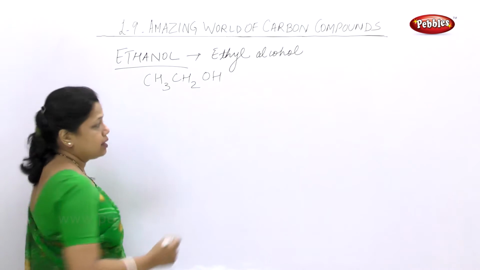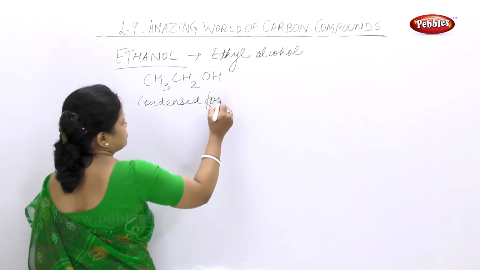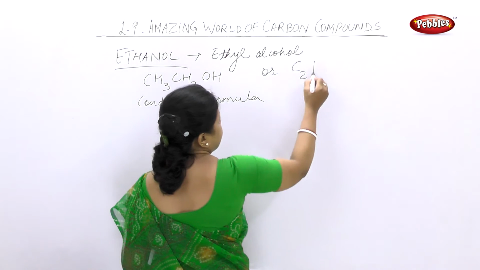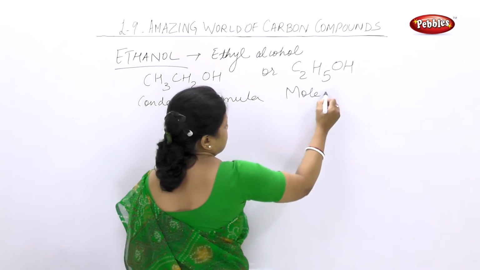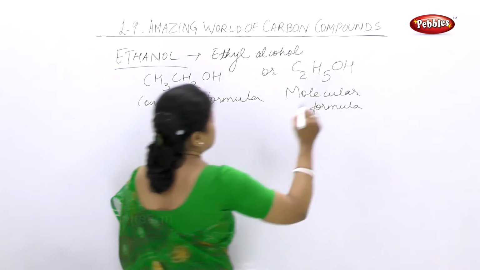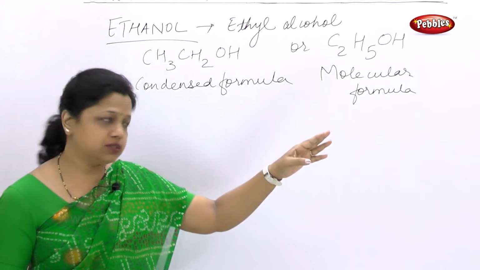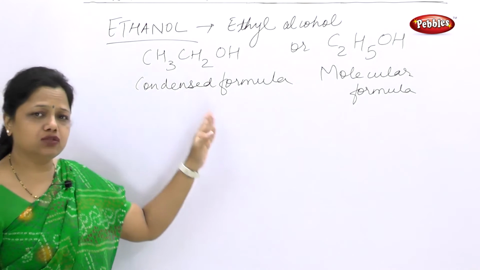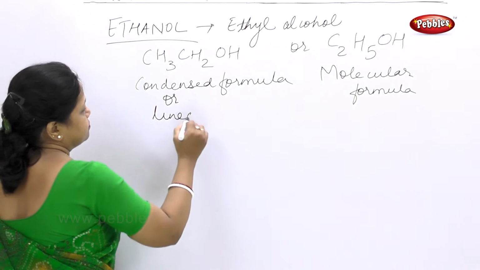Now this formula can be called the condensed formula, or C2H5OH, that is the molecular formula. Ethanol or ethyl alcohol, the molecular formula is C2H5OH, and the condensed formula is CH3CH2OH. This condensed formula is also called the linear formula.